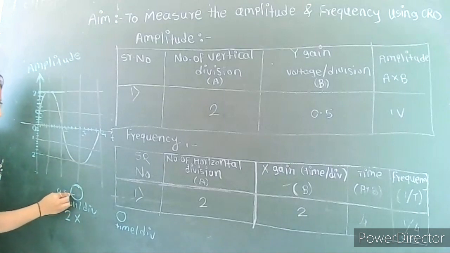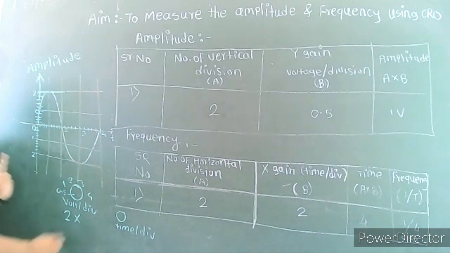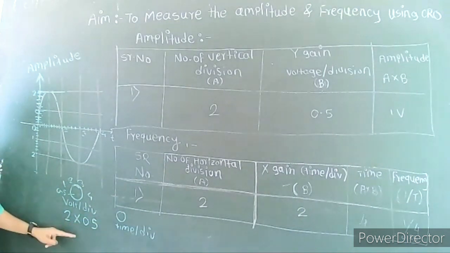These are the number of divisions: 0.5, then 1, then 2, 3, 4, like this. If our voltage per division knob is set on 0.5 volt, then we have to multiply these two blocks into 0.5 volt.